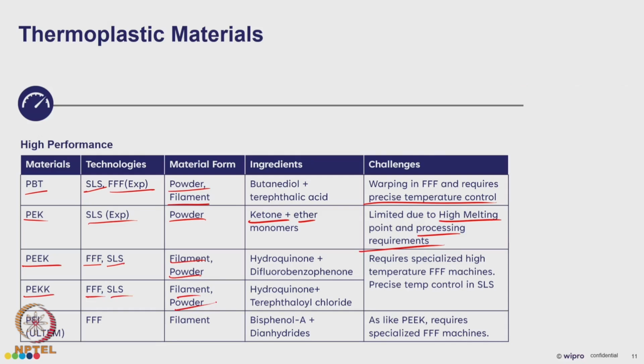And this material, as already told, requires a very specialized high temperature FFF machine, and the melting temperature reaches around 400 degrees Celsius, and also the build chamber needs to be heated to around 100 degrees Celsius. So we have to make sure the machine is very specialized, and in the case of SLS, we have to maintain very precise temperature control. That means the laser has to be controlled very precisely.